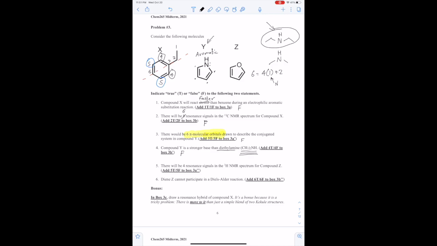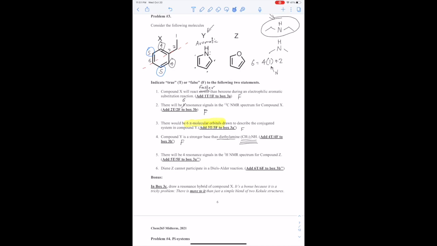Okay, next, there will be 4 resonance signals in the 1H NMR spectrum for compound Z. So as soon as you see the mention of 1H, you should not wait to explicitly draw the hydrogens. So there's 1 on each because we do have double bonds and we only have space for 1 hydrogen. So 4 resonance signals. So I do count 4 hydrogens, but will there be 4 resonance signals? Once again, don't forget to look for symmetry.